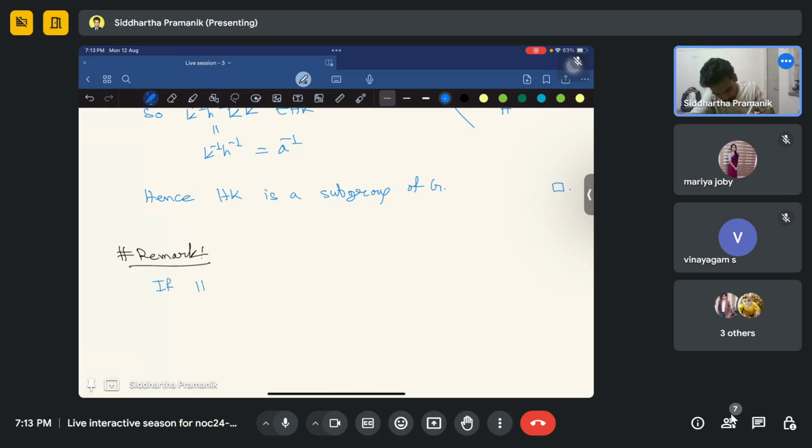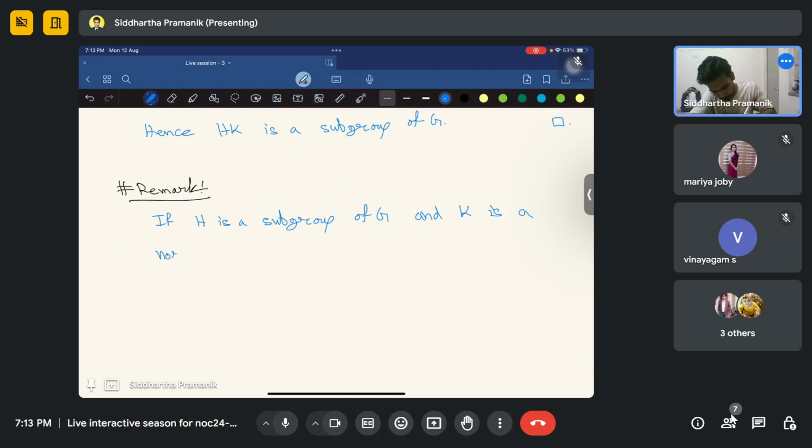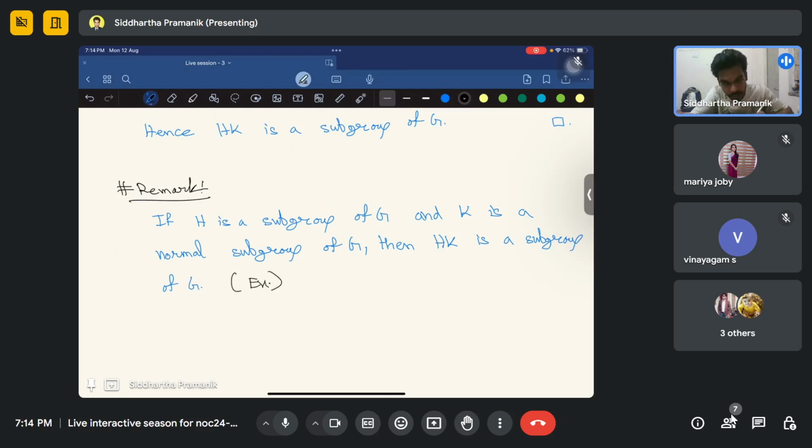If H is a subgroup of G and K is a normal subgroup of G, then also the product HK is a subgroup of G. So you just try to prove it on your own by exactly the similar method. I hope you will be able to do it.